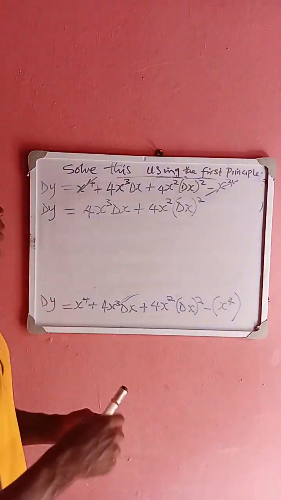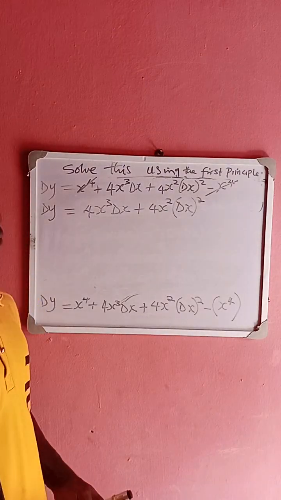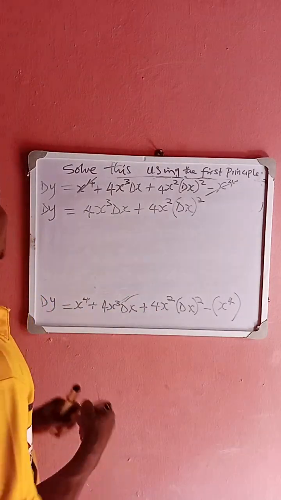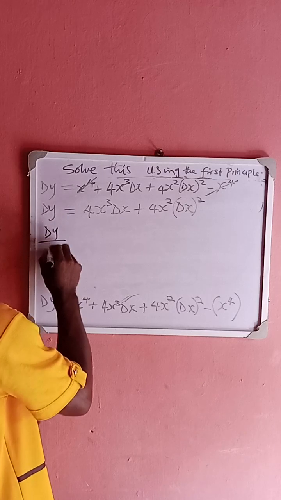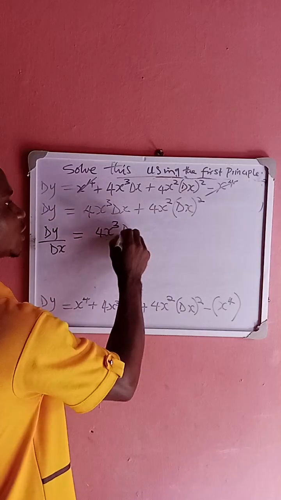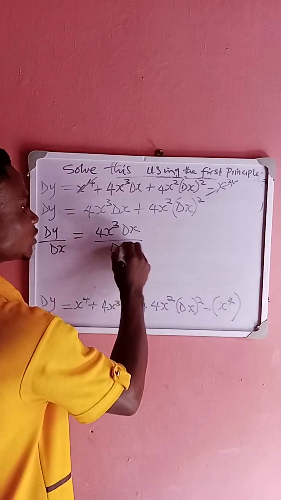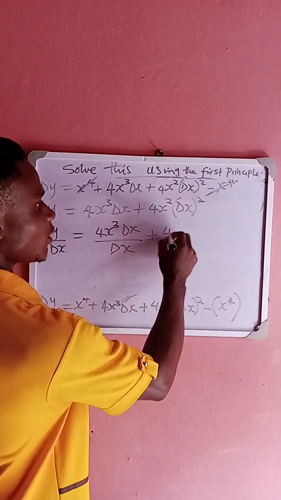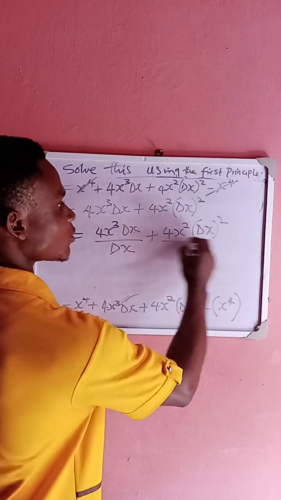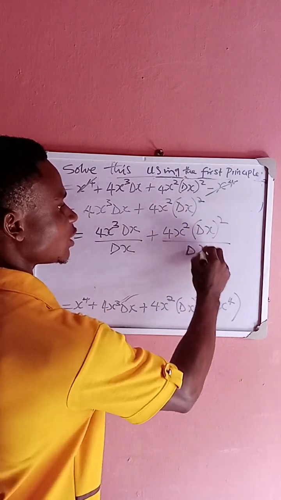The next step we have to look into is to divide both sides by change in x. Dividing both sides by change in x, we have change in y all over change in x is equals to 4x raised to the power of 3 change in x all over change in x. Then plus 4x raised to the power of 2 change in x raised to the power of 2 all over change in x.